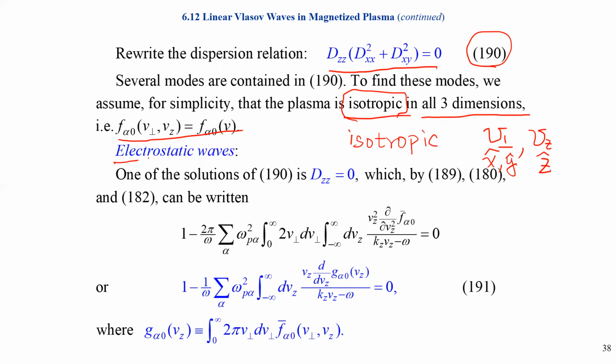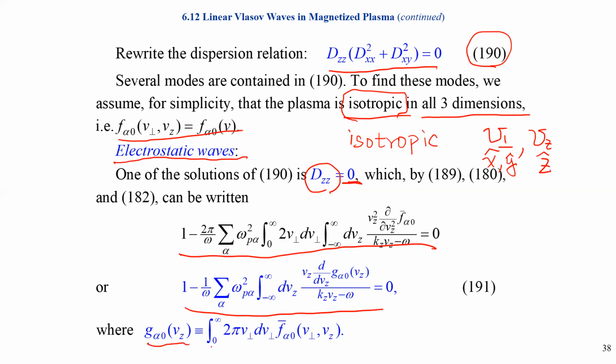Okay, so let's consider the simplest case, that is the electrostatic case. DZZ equals 0. One of the solutions, which is this one, by equation 180 can be written in this form. Here, G alpha 0 is shown here.